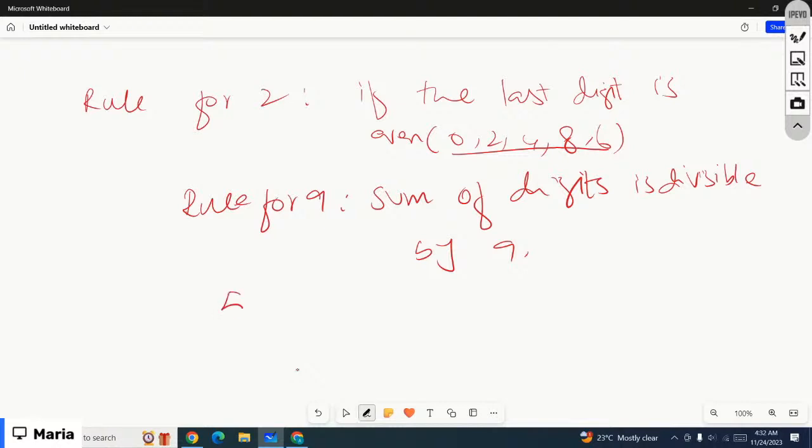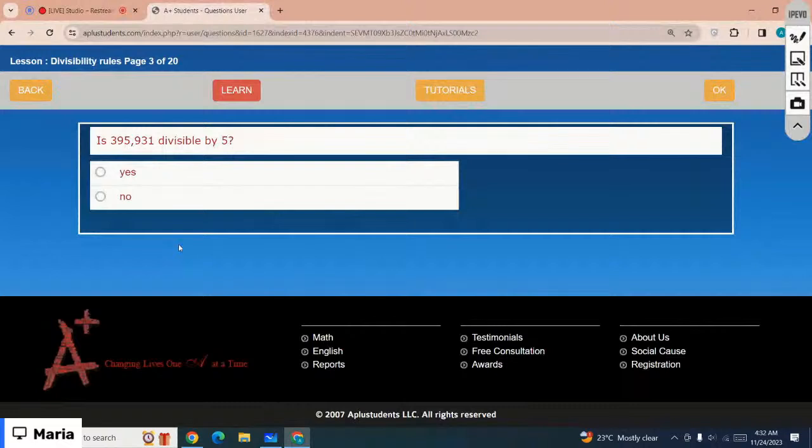If the last digit is 0 or 5, that means the number is divisible by 5. But here I think the last digit is 1. That means this is not divisible by 5. The correct option is no, right?